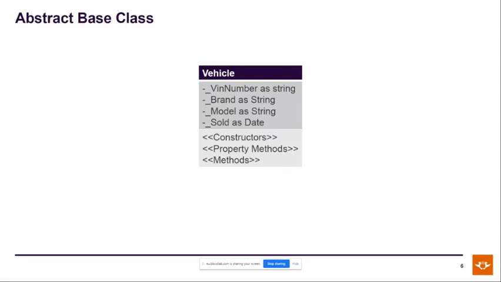Now, ignoring the title at the top left-hand corner that says abstract base class, why would vehicle be associated with an abstract class instead of being a class that will be instantiated itself? Why would you consider vehicle an abstract class instead of just using it as a class that you can create an object of? What would the reason for that be?